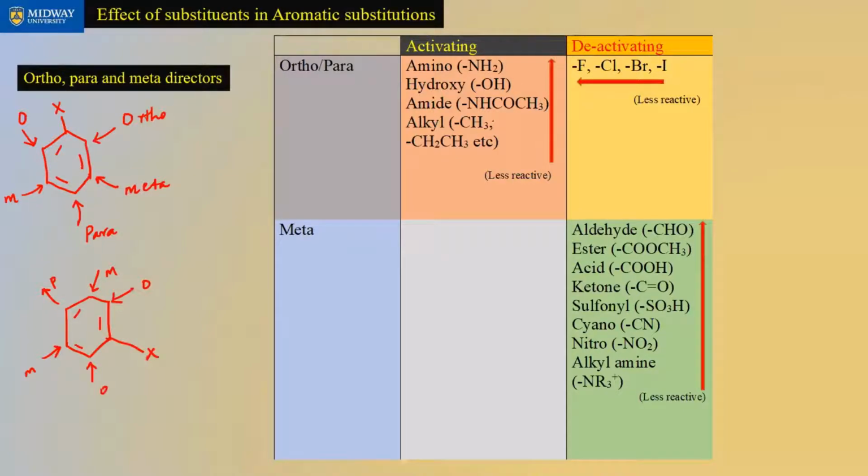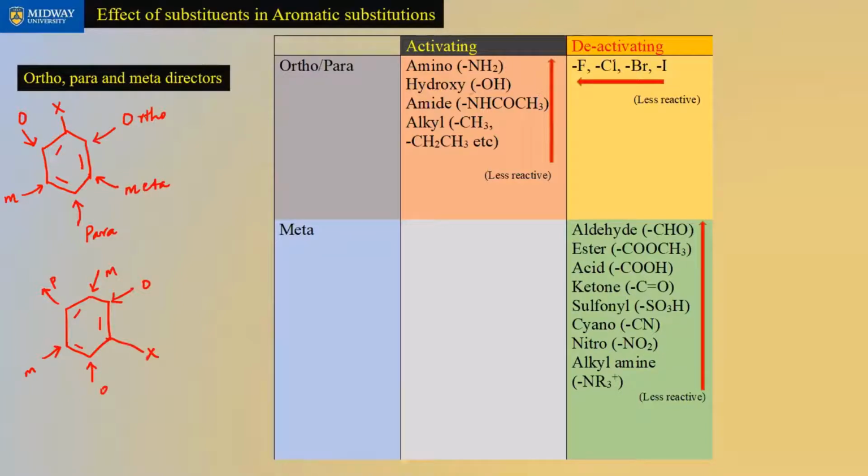Now, if one of these is present as X, then the incoming group can only go to an ortho or para position. Okay, you will understand this better when we do an example. If one of these groups is already sitting on the ring, then the incoming group electrophile can only be added to an ortho or para position. Okay, that means you'll have an ortho product and a para product.